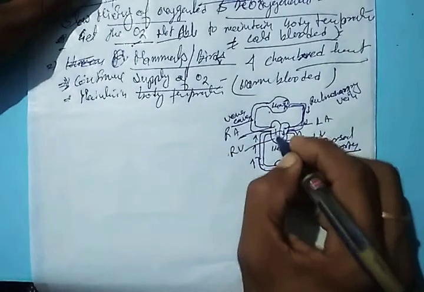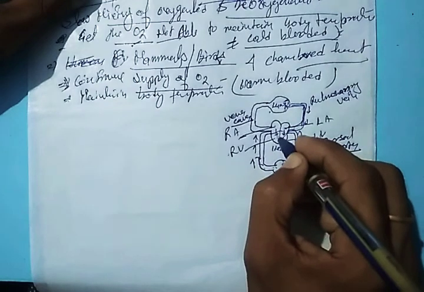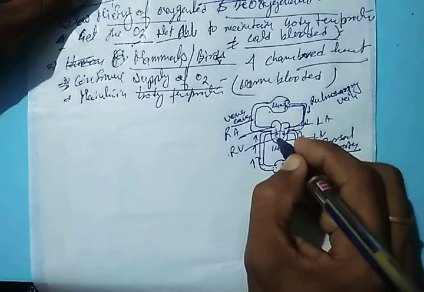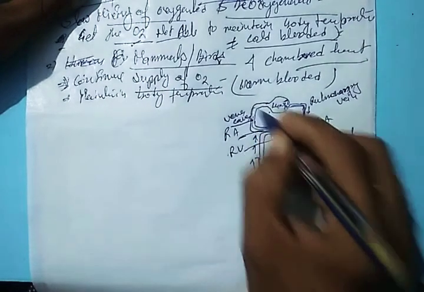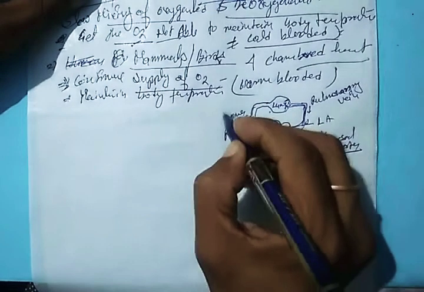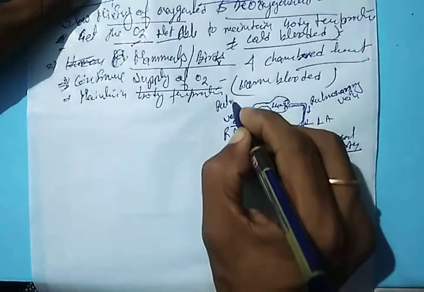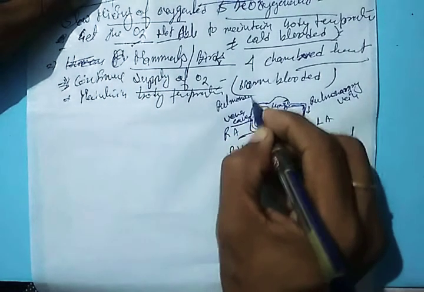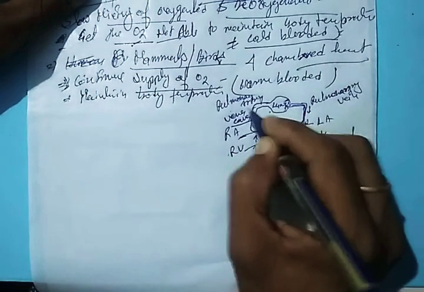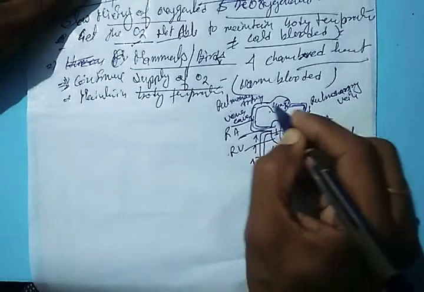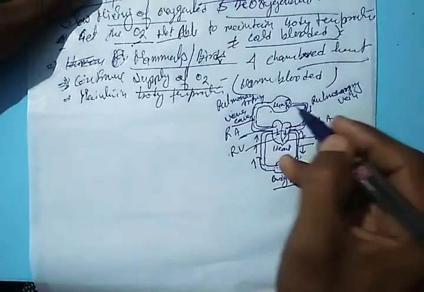Then after the contraction of the right atrium, it goes into the right ventricle, and after the contraction of the right ventricle, it goes into the pulmonary artery. From here this deoxygenated blood goes into the lungs for oxygenation.